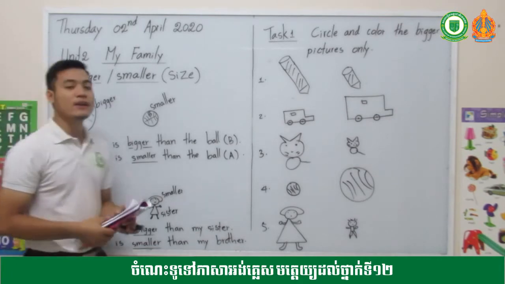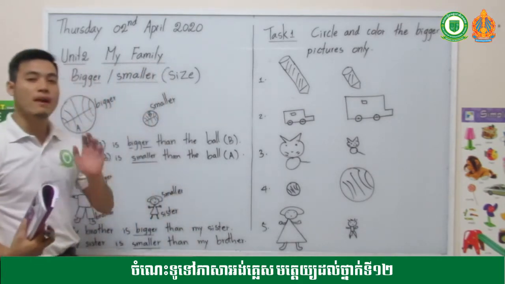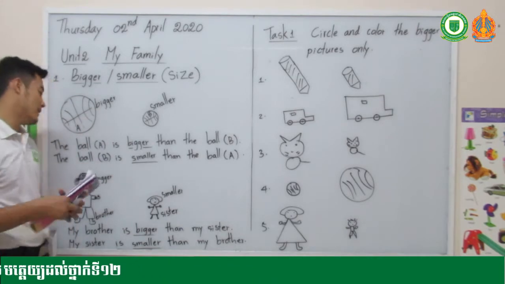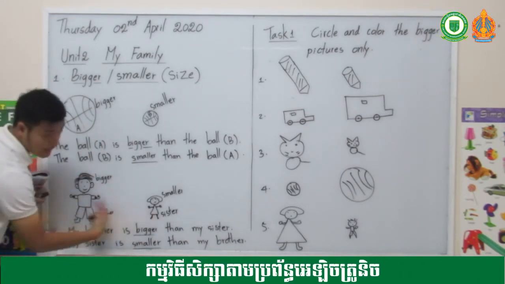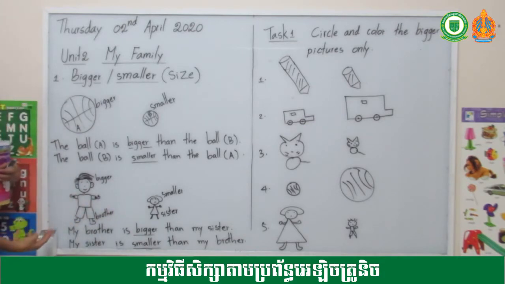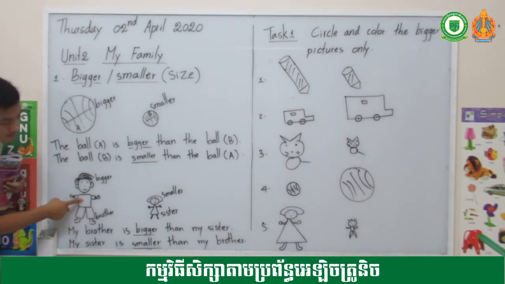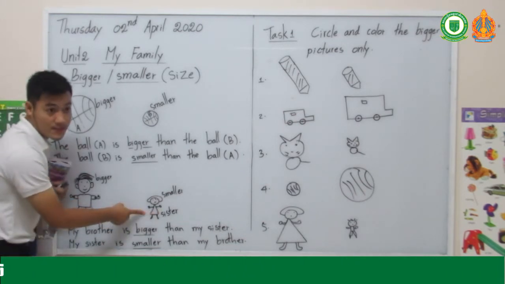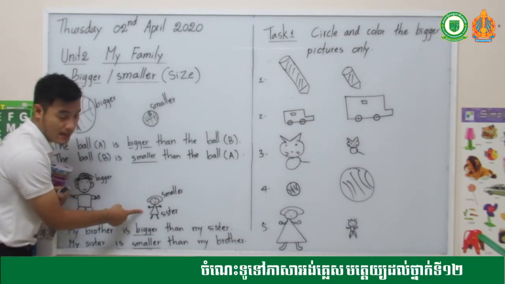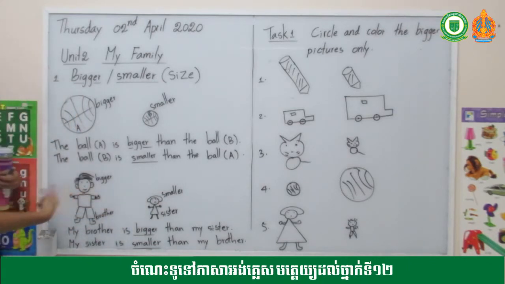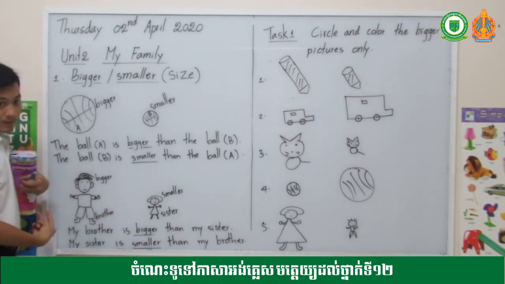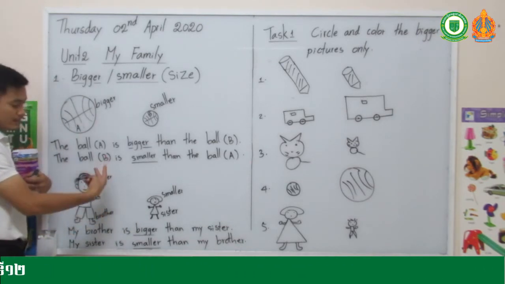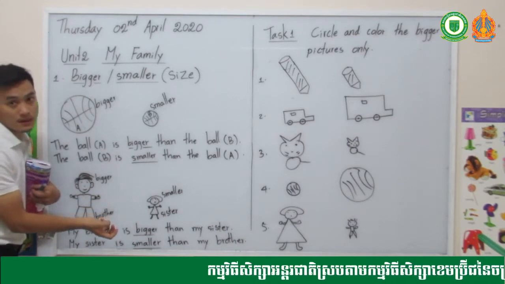Now we go to the second example to help you understand more. Look, over here there are two pictures of siblings. The first one is the brother, and the second one is the sister. Now we start comparing these two people to find which one is bigger and which one is smaller.